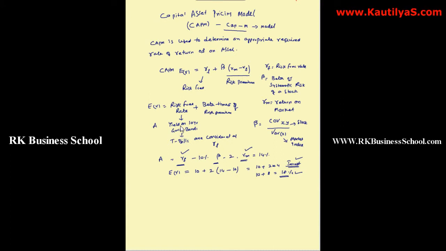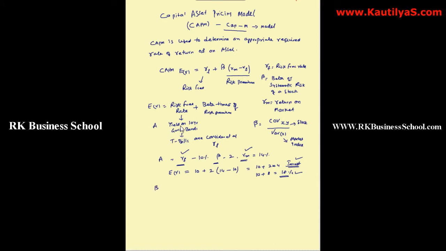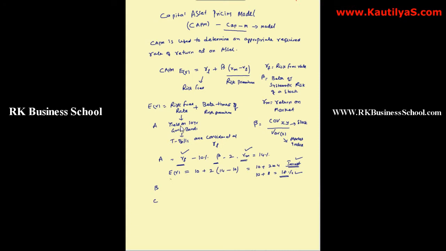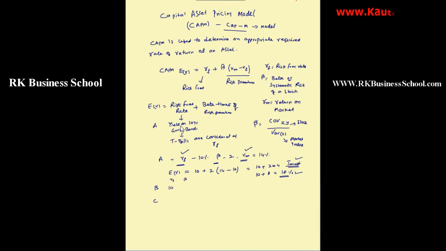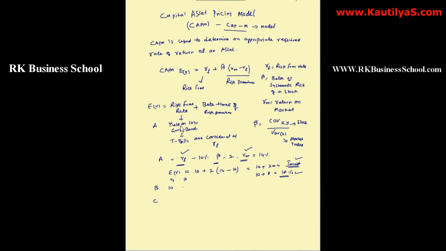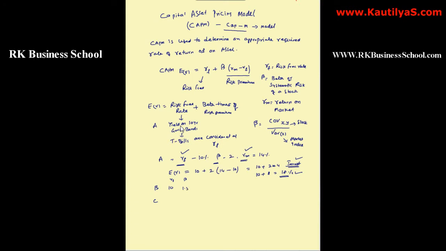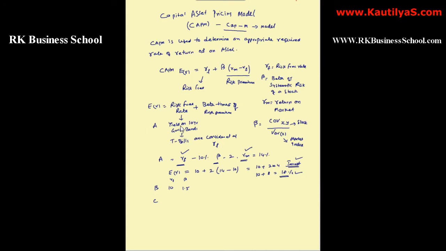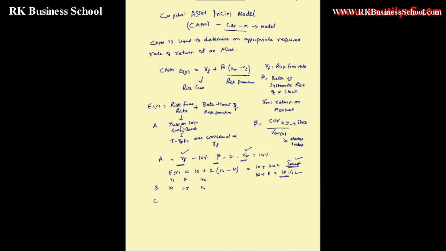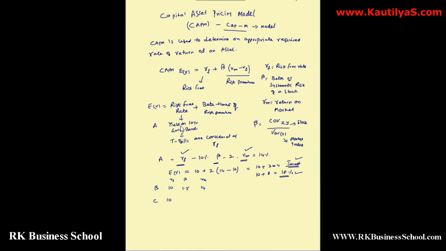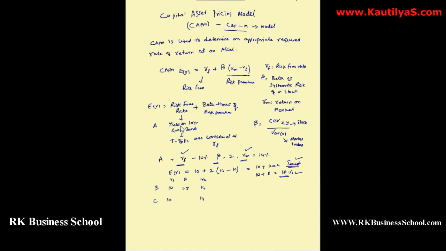So suppose we have another set of stocks, B and C. Risk-free rate remains the same, and beta of this stock is 1.5, and return on market again remains the same.